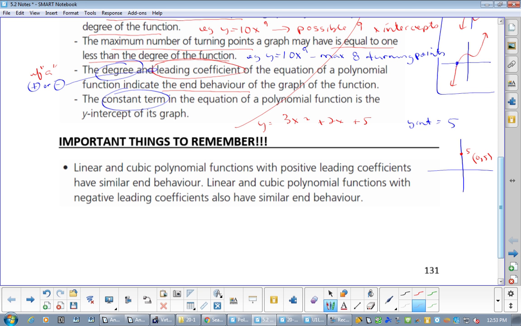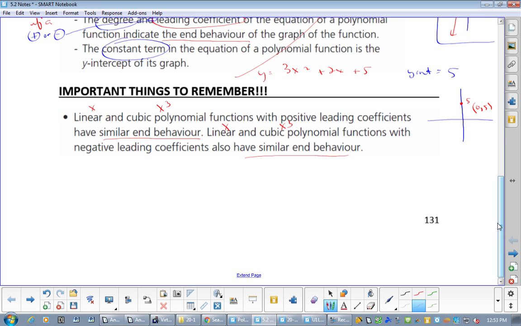Okay, so linear is x and cubic is x cubed. Have the same similar end behavior, and linear and cubic functions with negative leading coefficients have similar end behavior. So what does that mean? Okay, here's a positive linear. A positive linear would go like this.